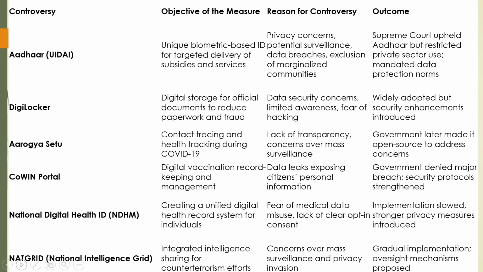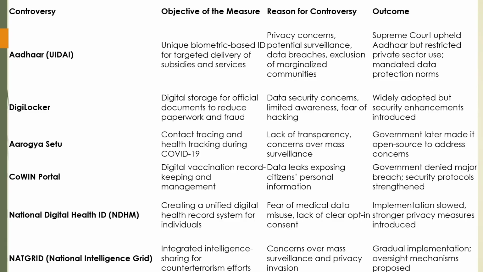The second one is the controversy about DigiLocker. Objective: digital storage for official documents to reduce paperwork and fraud. Reason for controversy: the same data security concerns, limited awareness, and fear of hacking. There may be a chance that DigiLocker may be hacked by someone.